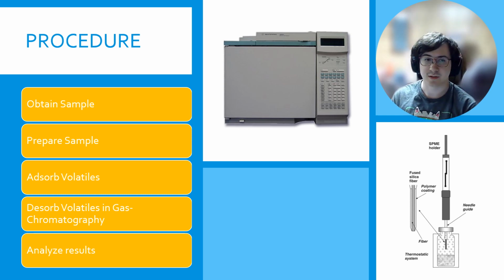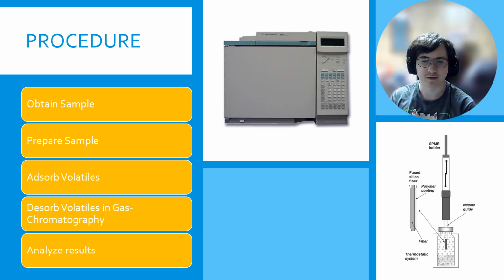And that leads me to the adsorption step. This is where the actual sampling happens. When we expose the fiber, as that image shows, to the thermostatic system, that gives the fiber time to adsorb those molecules. This is a very temperature-sensitive process that can take between 10 minutes or several hours to several days, depending on how long you want to run it.